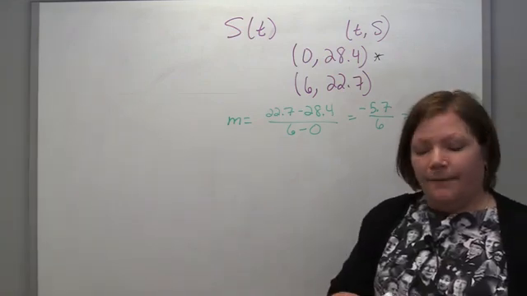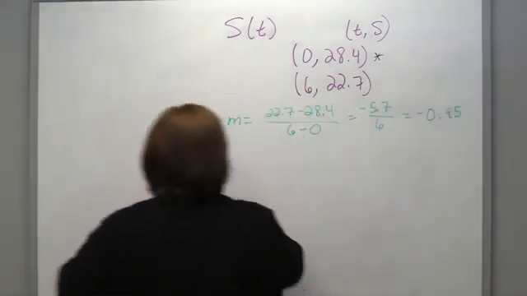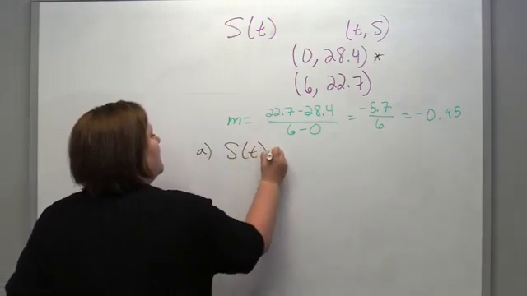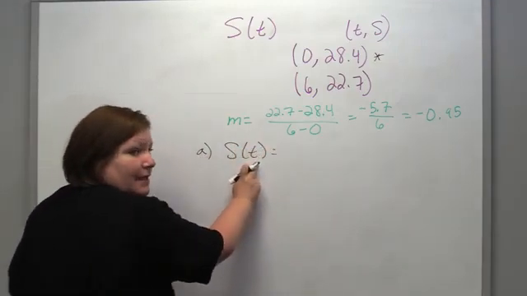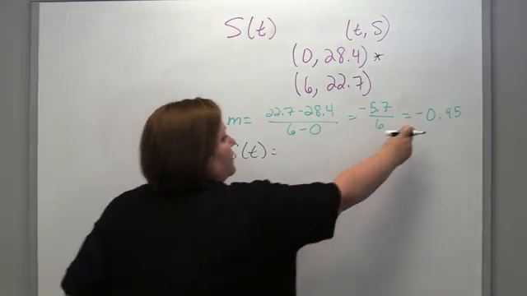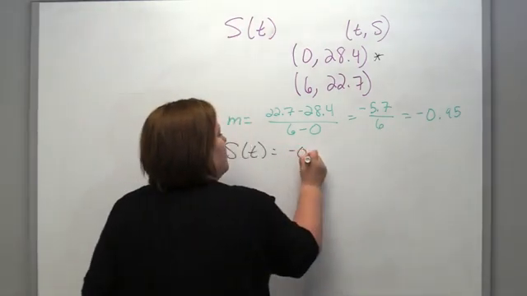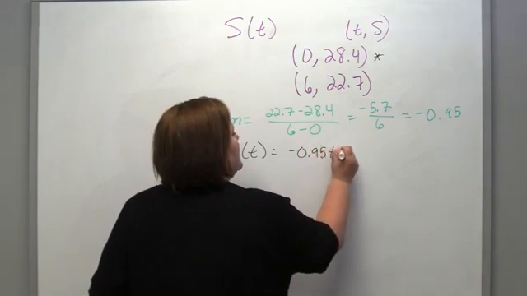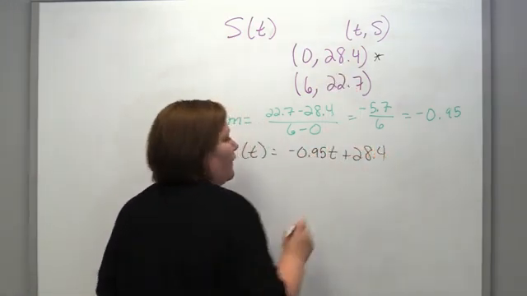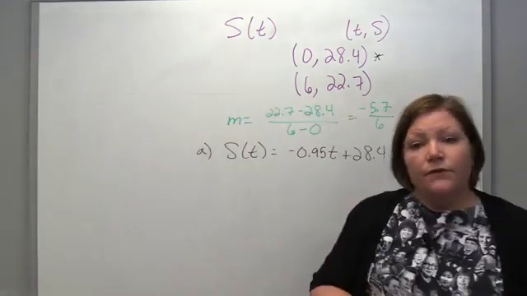This is our y-intercept. So our sales for part A, as a function of T being number of years since 2010, would be negative 0.95 T plus 28.4.